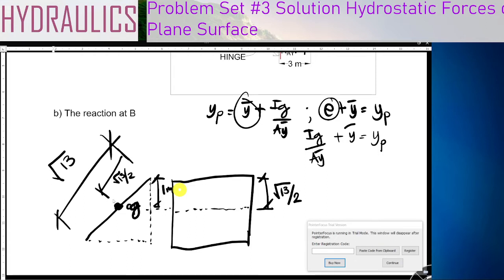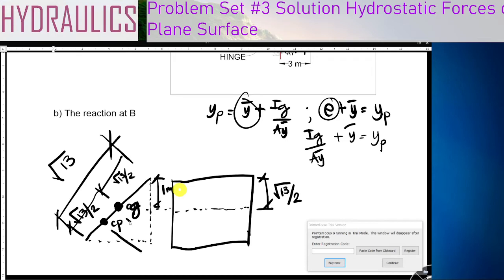Get it? So the CG is at square root of 13 over 2, perfectly equal by part, for a total of square root of 13, and somewhere below it is the center of pressure, the location of the force.